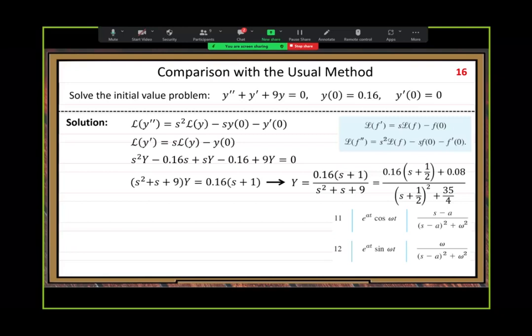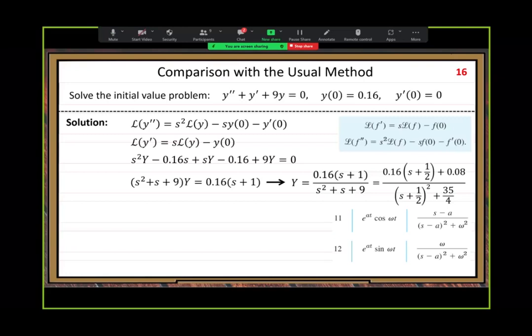We need to make this same structure, 1/2. The other 1/2, multiplied by 0.16, you get 0.08. That's the decomposition we need.